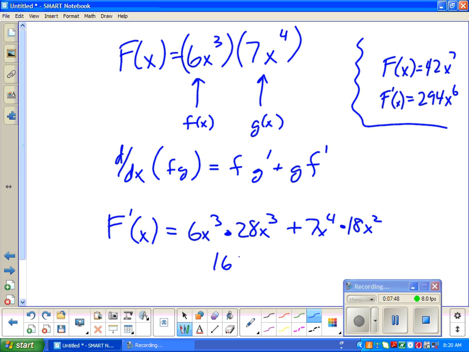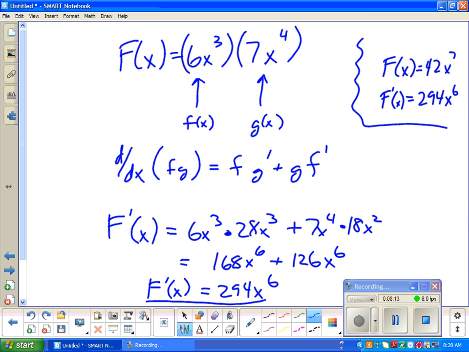So I get 168x^6 plus 7 times 18, 70 plus 56, 126. I said x cubed and I wrote x3. I meant x^6. And what do you think 168 plus 126 had better be? It is 294x^6 because they are like terms.